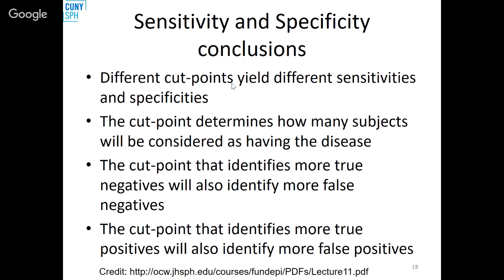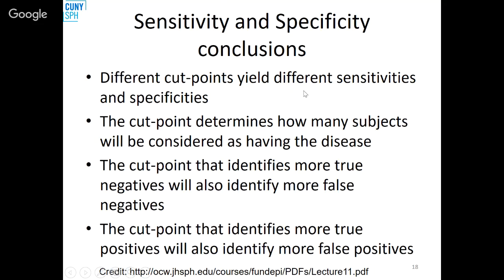So in conclusion, different cut points, in anything where there's a threshold to be set, will yield different numbers of predictions, whether it is the number of people who are predicted to have cancer or diabetes, or the number of prisoners who are predicted to be safe for release.